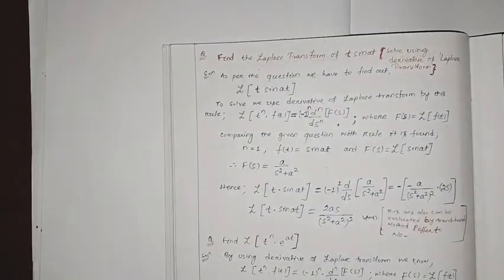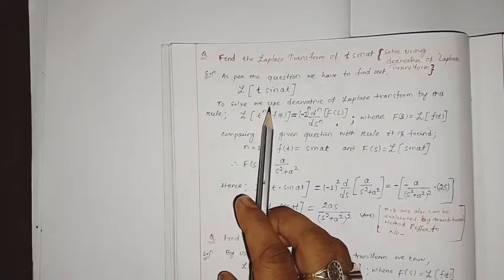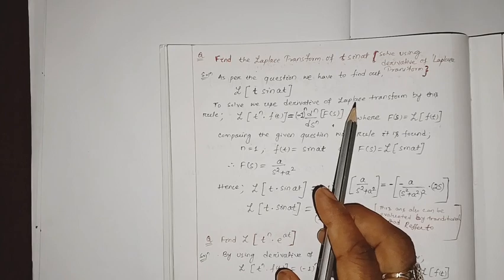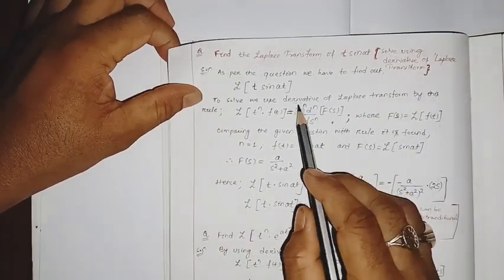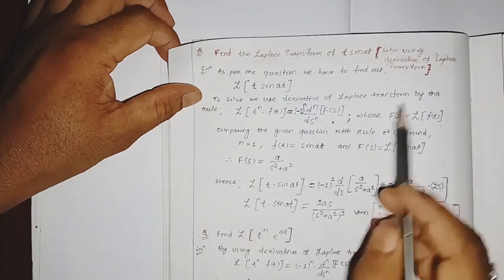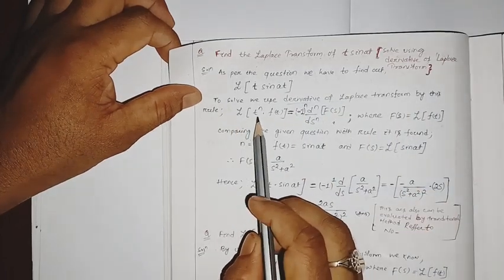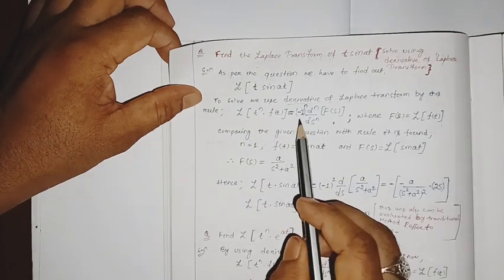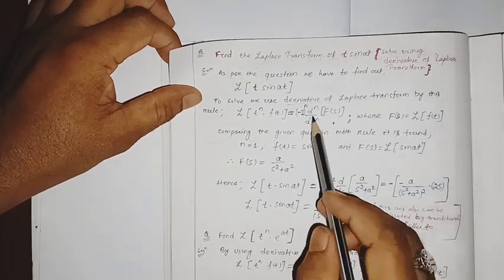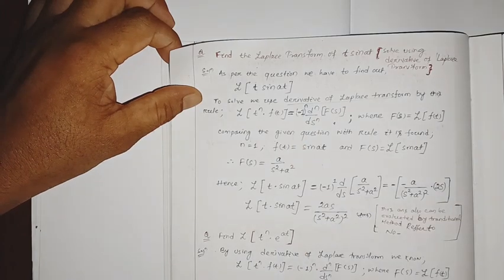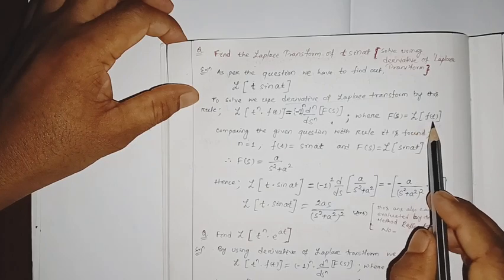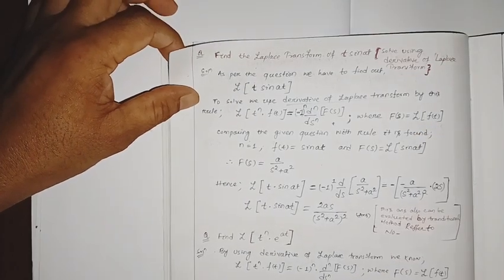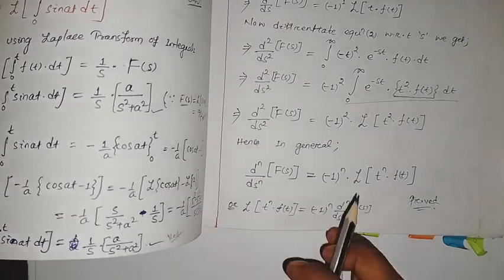To solve, we use the rule of derivative of Laplace transform. We know that Laplace transform of t to the n f of t is nothing but minus 1 to the n, nth derivative of capital F of s, where capital F of s is the Laplace transform of f of t.